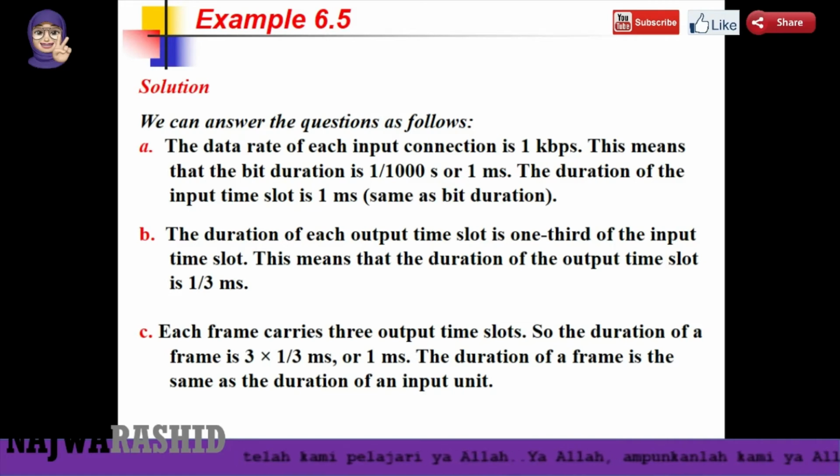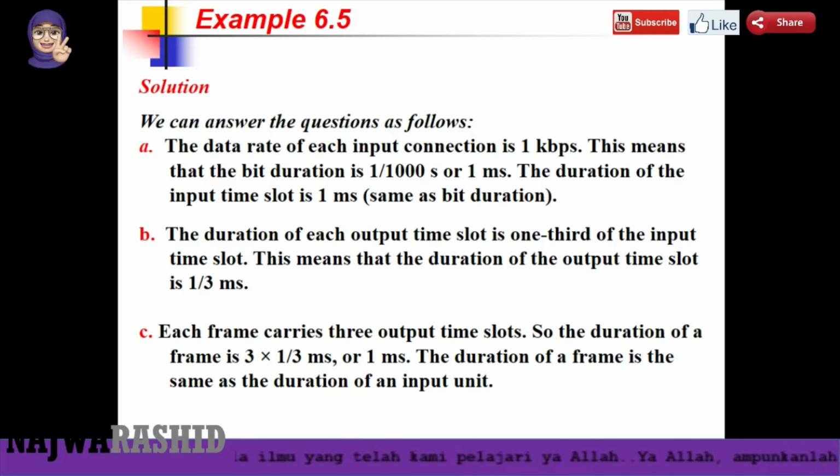For B, the duration of each output time slot is 1/3 of the input time slot, because we have three signals or three channels that we want to combine together.